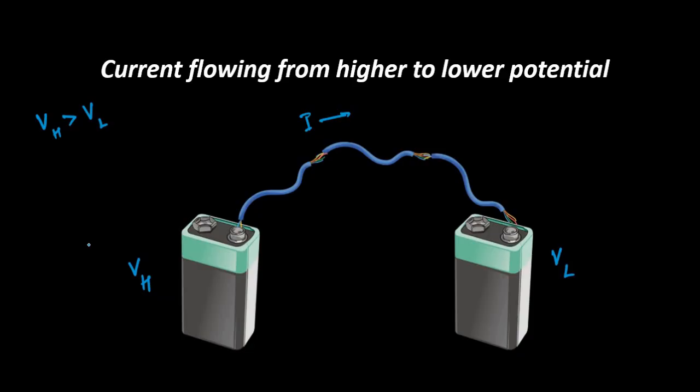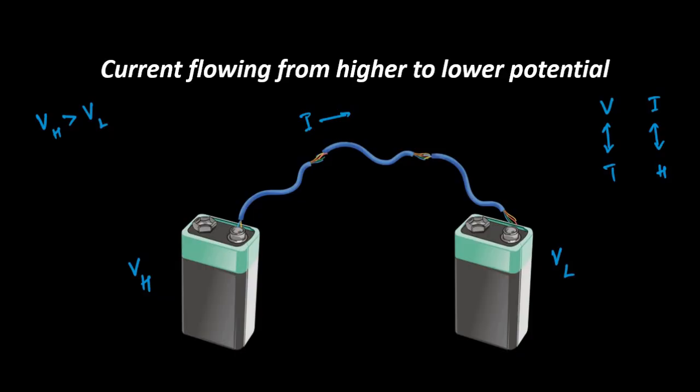So electric potential determines the direction of current flow. Electric potential is analogous to temperature, and current is analogous to heat. That's why heat is also referred to as heat current, and temperature is also referred to as thermal potential.